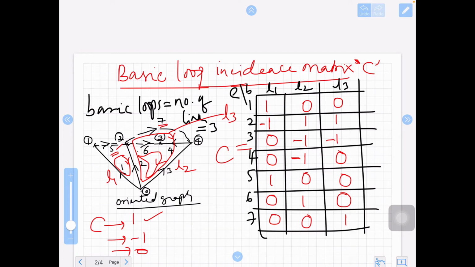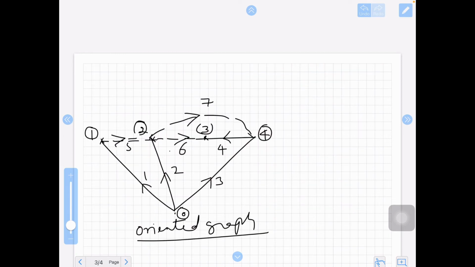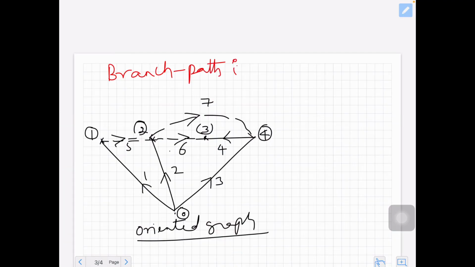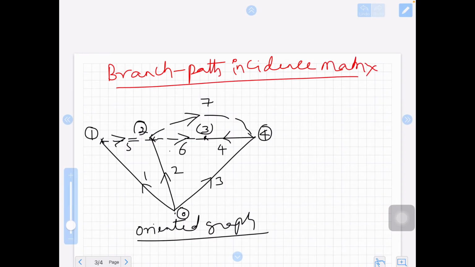Next, the last matrix is the branch path incidence matrix. It is denoted by K. This branch path incidence matrix shows the incidence of branches to the paths in the connected graph.